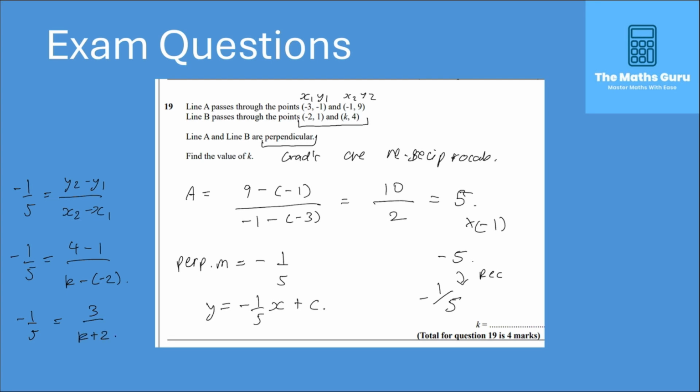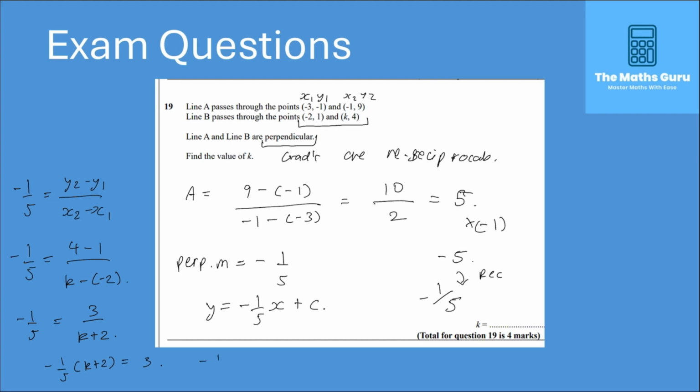Now this is manipulation of formula and changing the subject of the formula. So timesing through by k plus 2, we're going to get minus 1/5 (k plus 2) is equal to 3. Now, to get rid of this minus a fifth on the left-hand side, we're going to times through by 5 on both sides.